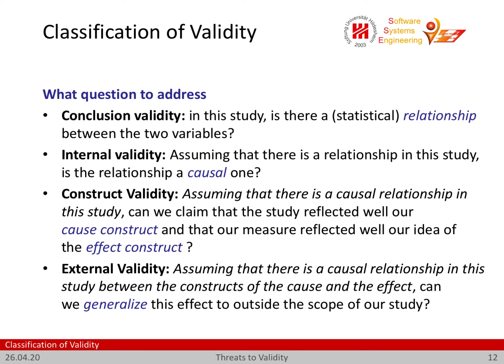Then there is construct validity. This basically is, can we claim that the study reflected well our cause construct and that our measure reflected well our idea of the effect construct? So is this what we did in the experiment actually? Is this a sound representation of what we mean with the theoretical construct in the first place?